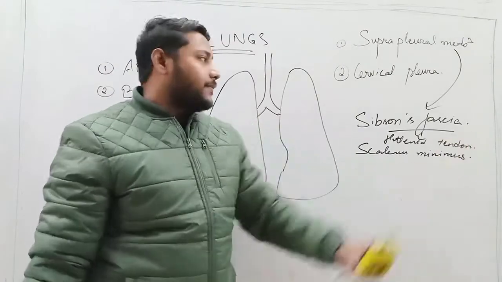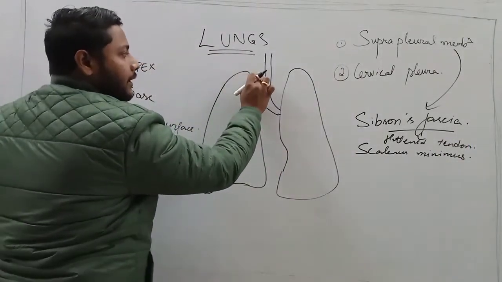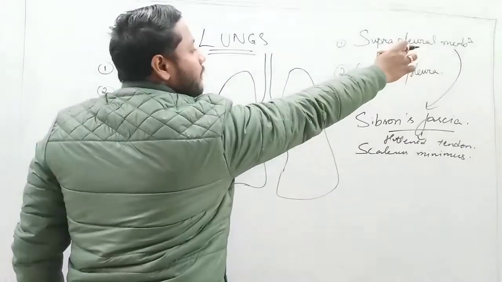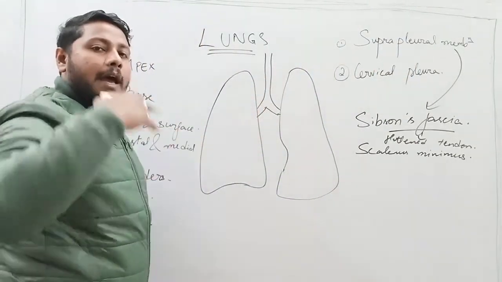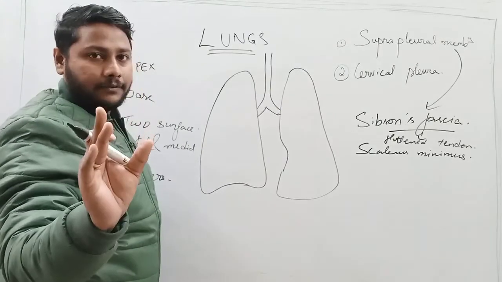Okay, so the apex, which is blunt and is covered by the suprapleural membrane and the cervical pleura, is situated roughly around 2.5 centimeters above the middle one-third of the clavicle.